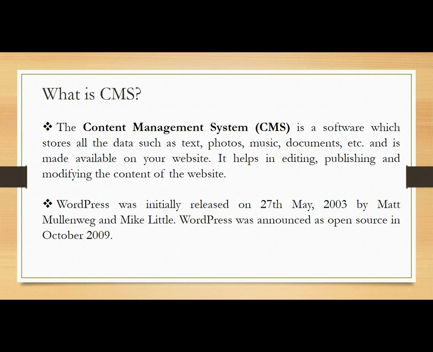WordPress was initially published on 27th May 2003 by Matt Mullenweg and Mike Little. Then after certain modifications, the first official version of WordPress was introduced in the year 2009.